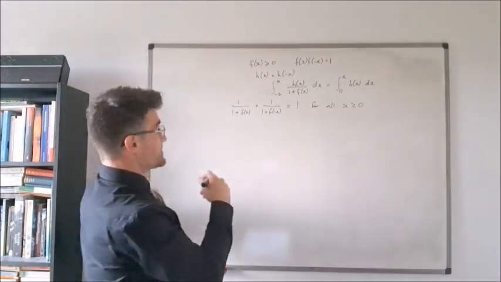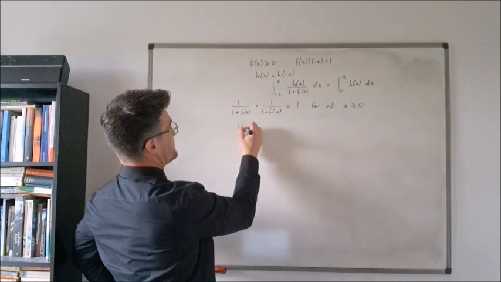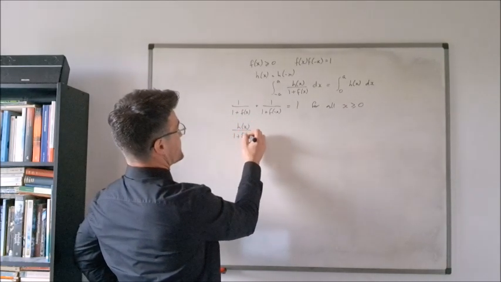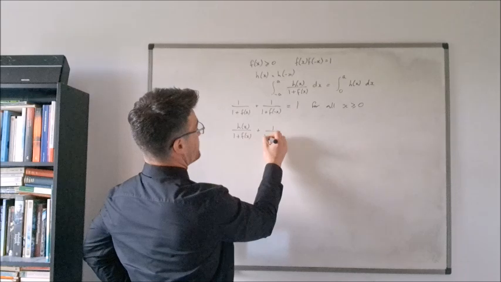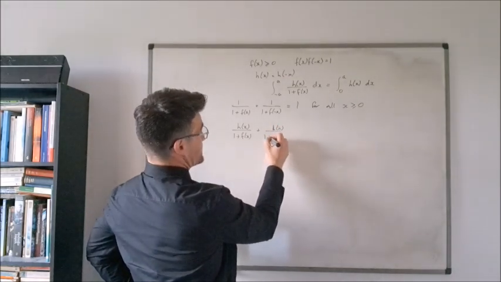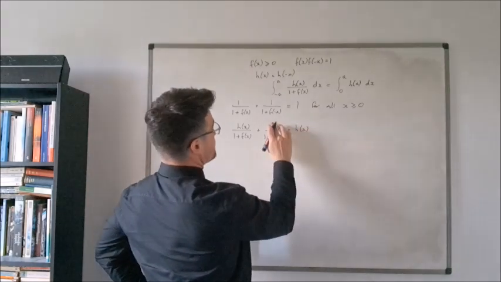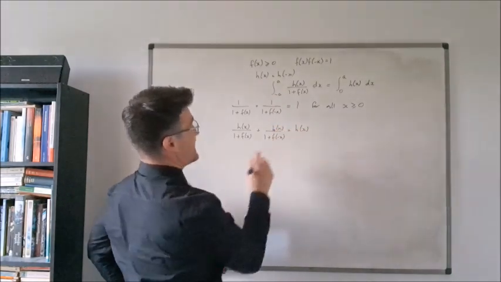So that also means that h of x over 1 plus f of x plus h of x over 1 plus f of minus x is going to be equal to h of x. So all I've done is just multiply through by h of x.